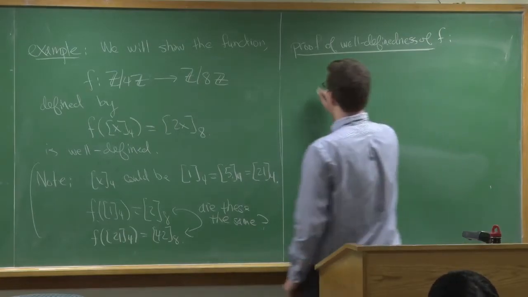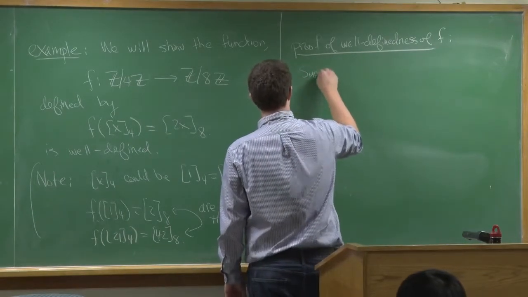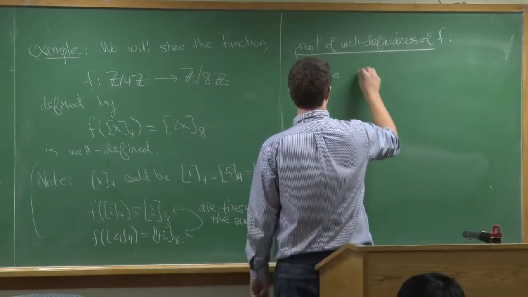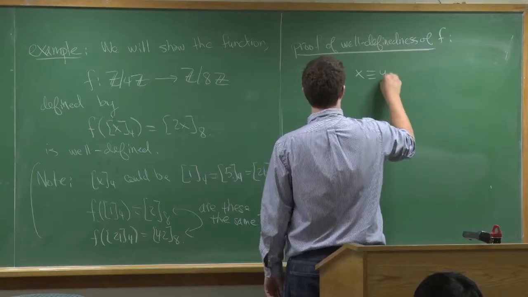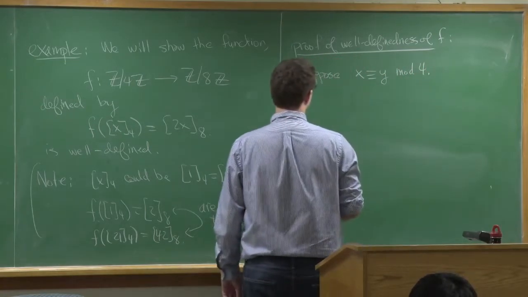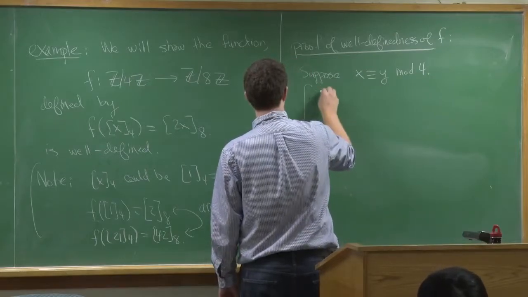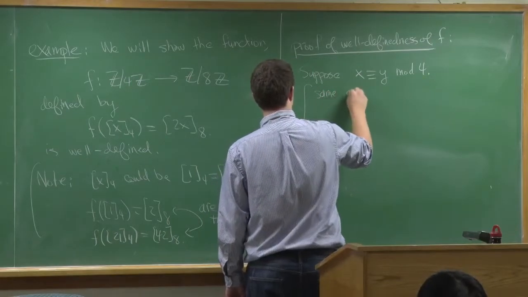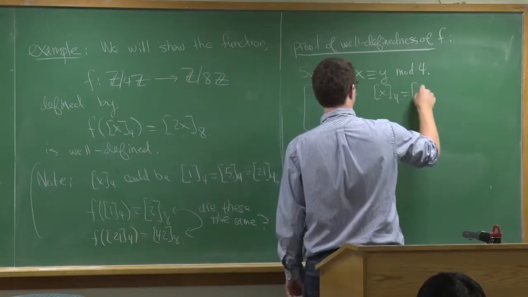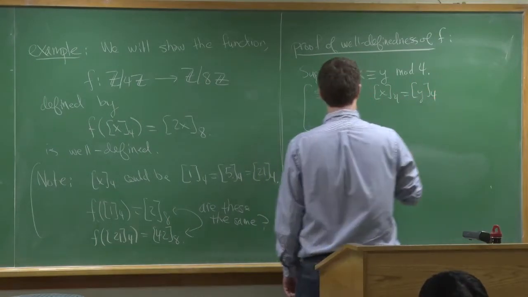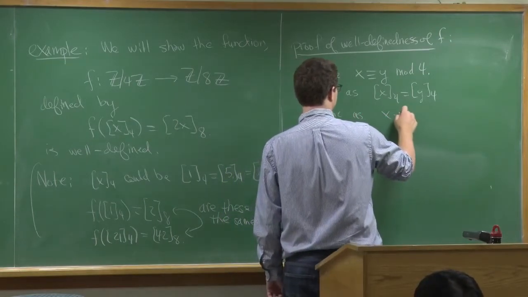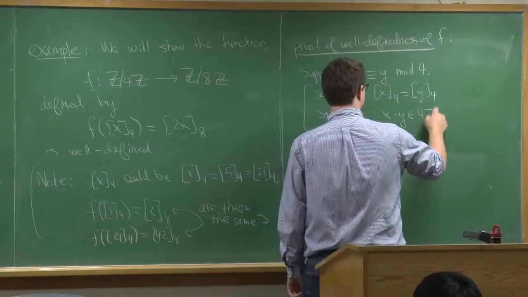Okay. So suppose, what we always do is we take equivalent inputs. x is congruent to y mod 4. This is the same thing as saying that x minus y is an element of 4Z.